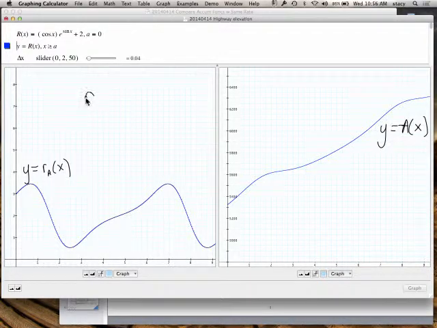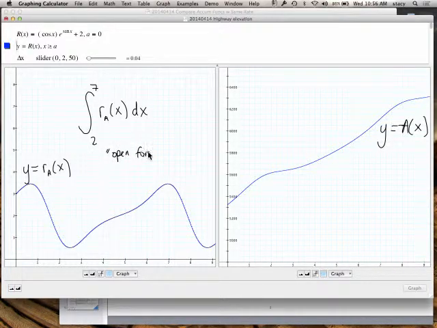You just told me I'm going to add up from 2 to 7 little bits of accumulation. How do I get little bits of accumulation? The rate times little changes in x. So this we called the open form, because it shows you the process.